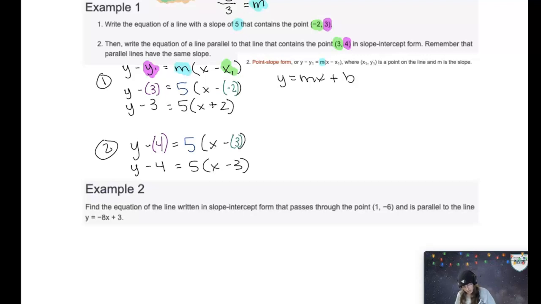So we're going to take our equation, y minus 4 equals 5 times x minus 3. I'm going to get my little text box. Sorry, I forgot to put parentheses around this. And we're going to solve so that it looks like y equals mx plus b. So the first thing that we're going to do is distribute.